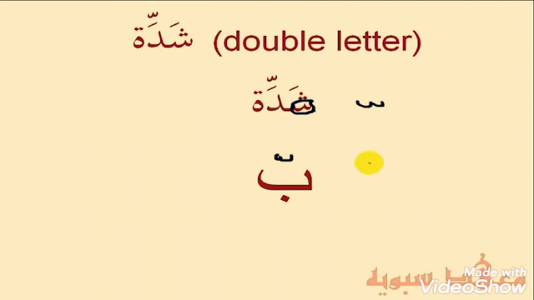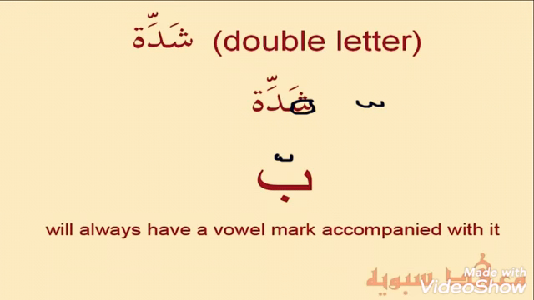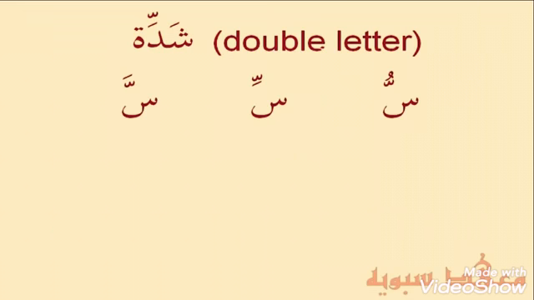That's it there. Now, a point to note is that the shadda will always have a vowel mark accompanied with it. Either the fatha, the dhamma, or the kasra. So, for example, we have here 3 seens with a shadda and the 3 different harakat. So, as you can see, the shadda with a dhamma, the shadda with a kasra, and the shadda with a fatha.